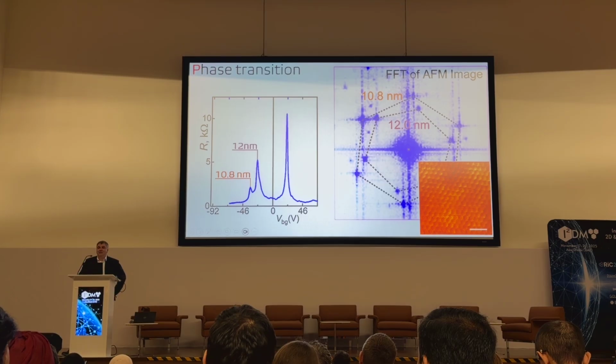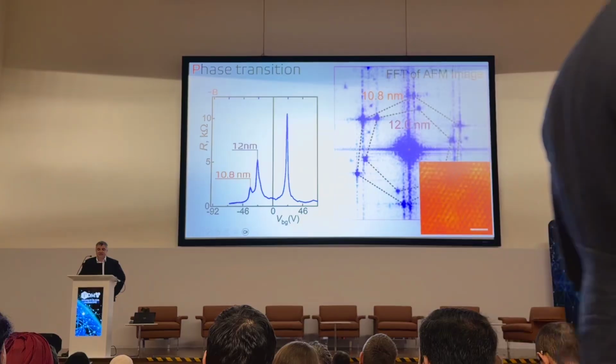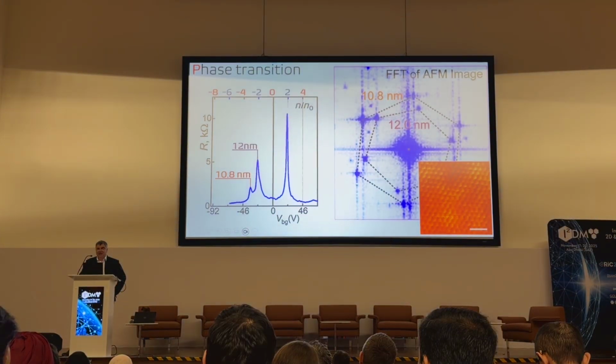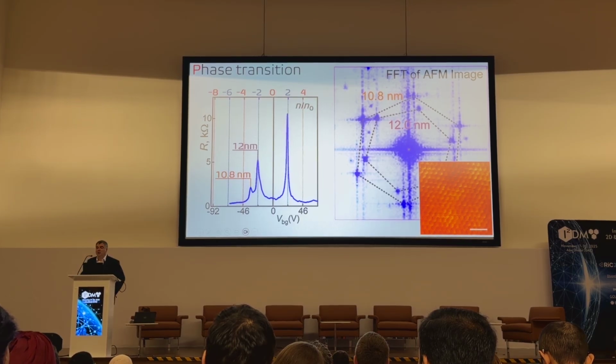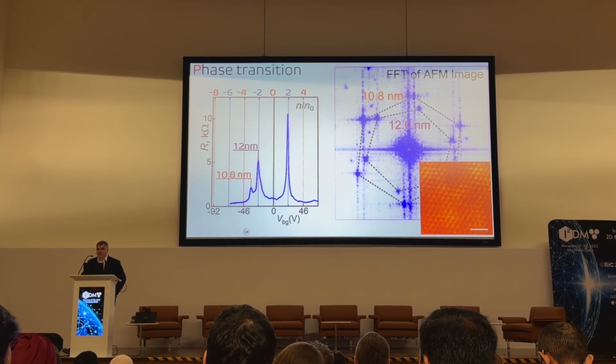What is very unusual in this case is that this device is doped. It means that your Dirac point is not at zero gate voltage. So you need to add holes into the system to reach the Dirac point. And what is also a bit unusual is this doping, if you recalculate.